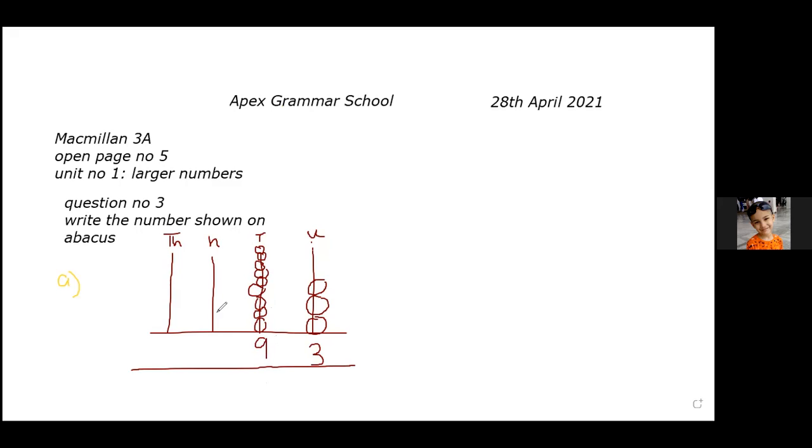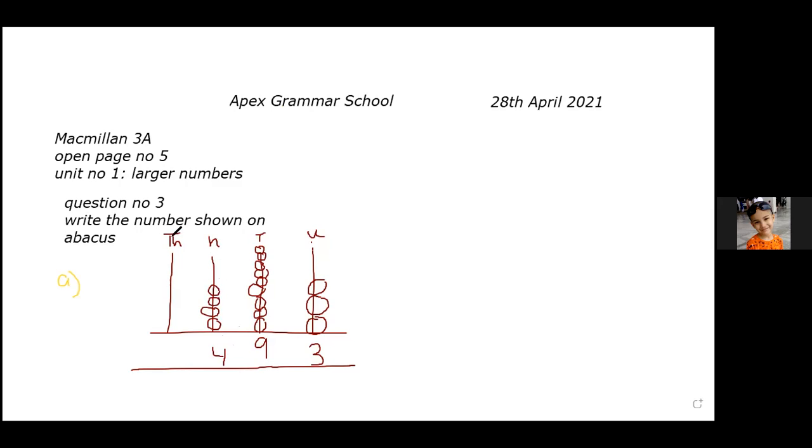In the 100 line, I'm going to count how many discs are there. There are 4 discs. So I'm going to draw 4 discs, and I'm going to write 4 here.